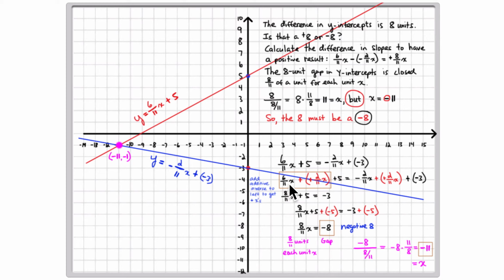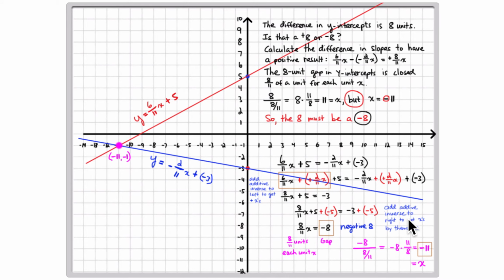Just to go back here, the first step is to get the x's on one side, add additive inverses to the left to get positive x's. So I wanted to have positive x's, so I added the additive inverse to the left side and to the right side for that matter to get rid of this.